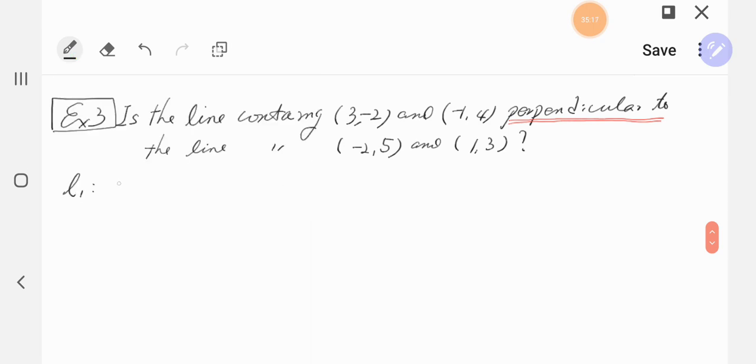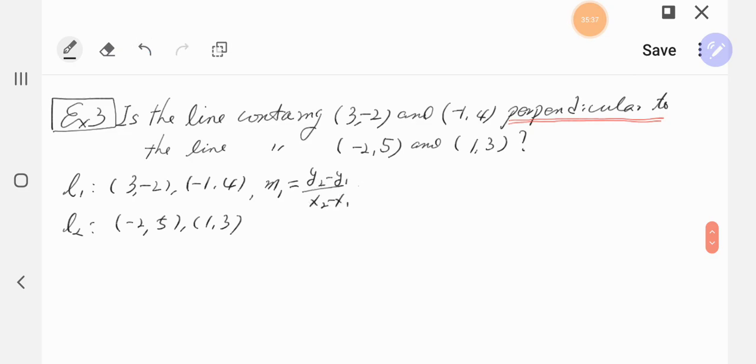So let's find the slope of the two lines. Line 1 contains this point and this point, and line 2 contains 2 points. From each line, let's find the slope. M1: slope is rise over run, y2 minus y1 over x2 minus x1. So y2 is 4 minus y1 is -2, over x2 is -1 minus 3.